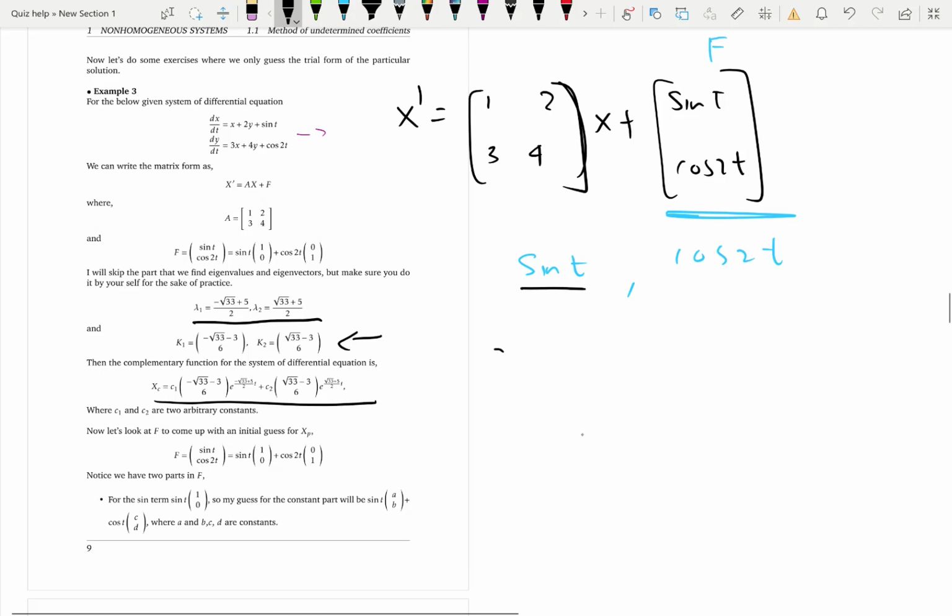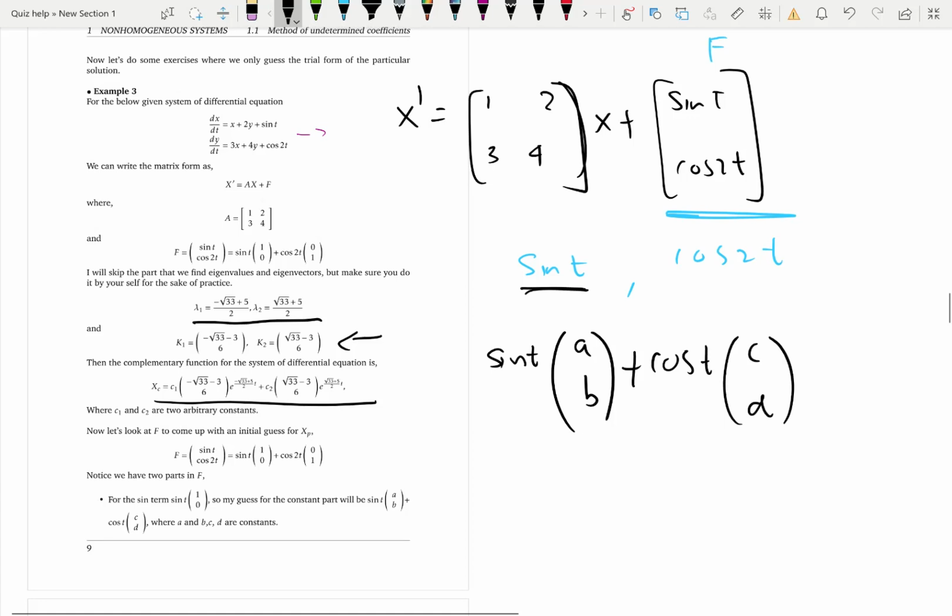Now write a vector for each of these function parts. So for sine t times an a b vector, plus, now remember, what did we do when we have trigonometric functions in chapter 4? If we have sine, we have to write its cosine version also, right? We have to have both sine and cosine. So cosine t times c d, because you have sine here.